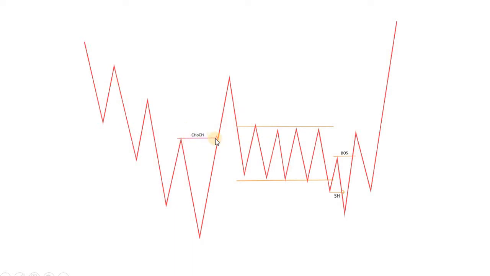When you notice this shift in market structure or this change of character, then for me, I'll be more confident to look for this kind of opportunity either in the London kill zone or in the New York kill zone or New York session, as the case may be.